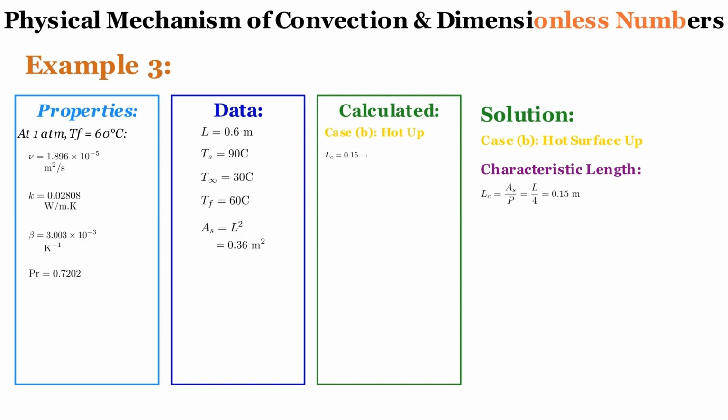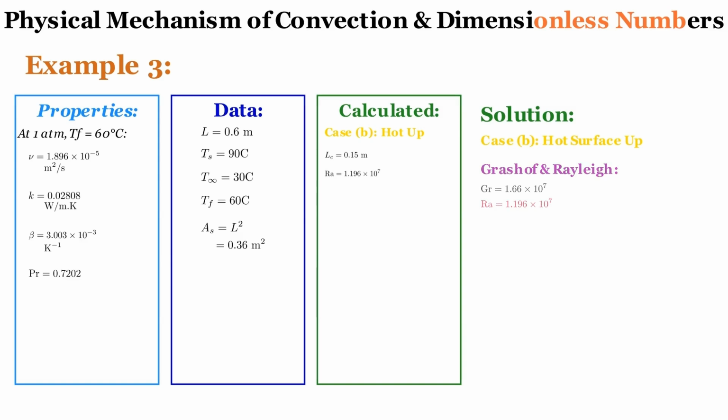L_c equals area divided by perimeter, which equals L over 4, giving us 0.15 meters. Notice it's smaller. Now calculating Grashof and Rayleigh with this new characteristic length. Grashof equals 1.66 times 10 to the 7th, much smaller than case A.